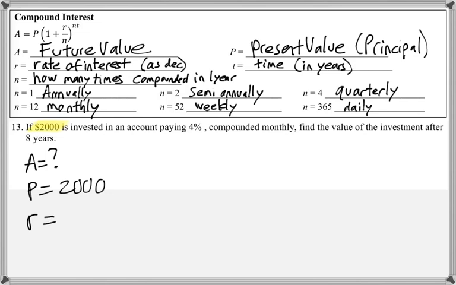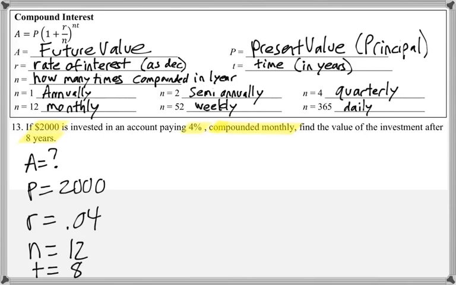The R is going to be 0.04 because that's the 4% as a decimal. The N is going to be 12 because it's compounded monthly. And then the T is going to be 8 because the time frame is 8 years.